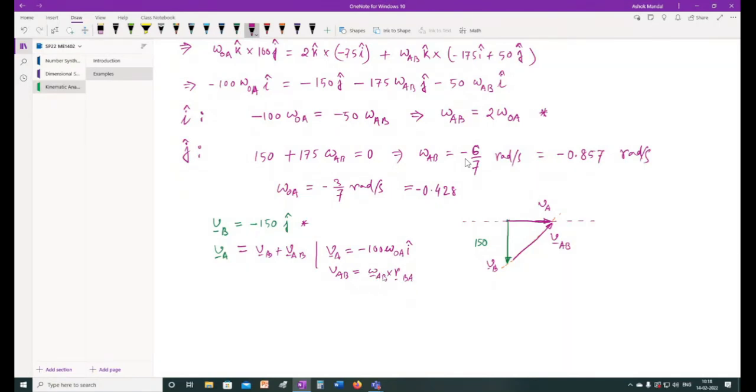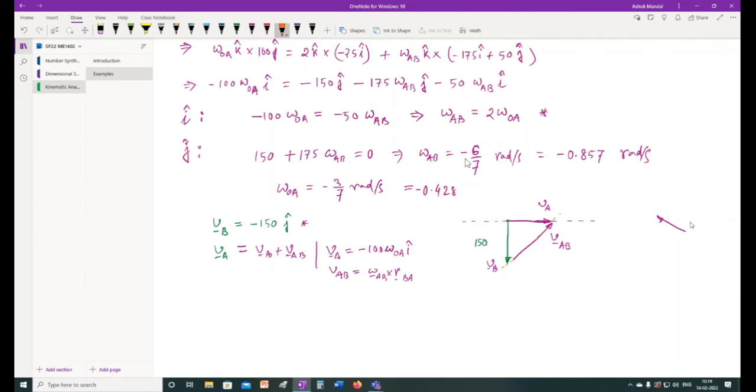Now omega AB is always in the direction of K. K multiplied with RBA. That direction is RBA. Omega direction is K. Now if you cross multiply these two, which direction will you get?